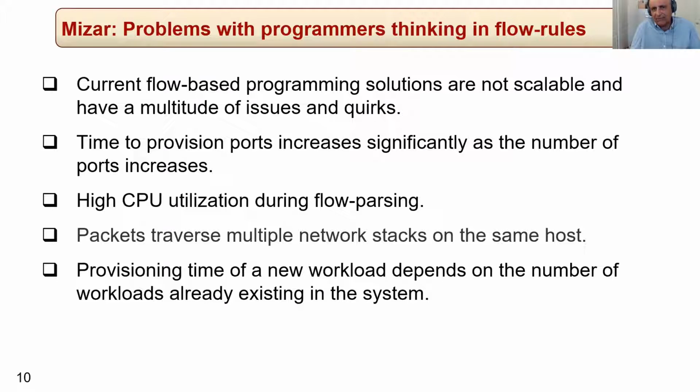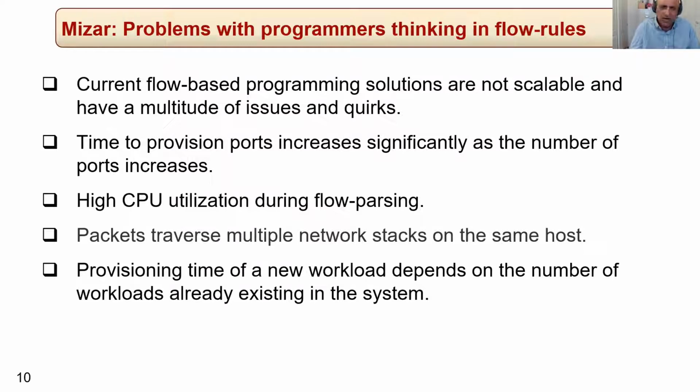That's a major scalability challenge with the flow rule-based programming model. As I mentioned, the time for provisioning ports increases significantly as the number of ports increases. If you're adding a new endpoint in a subnet, the provisioning is going to take a lot more time.